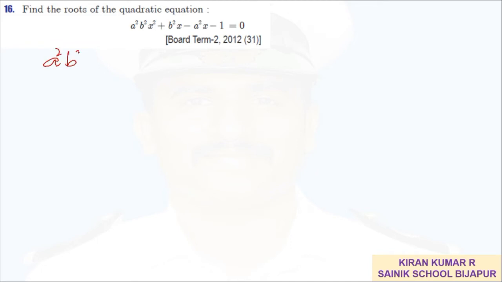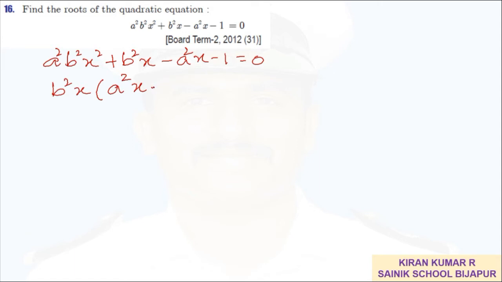You need to use your common sense; if you take something common, then it can be simplified in an easier way. b square x is common, so if I take b square x common, I'll be getting a square x plus 1, minus 1, I'll take common, I'll be getting a square x plus 1 equal to 0.